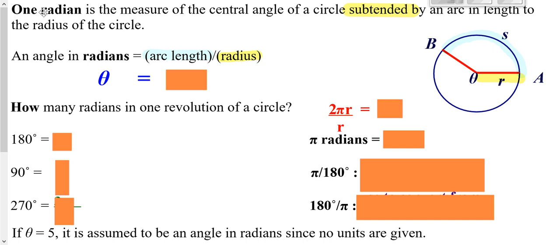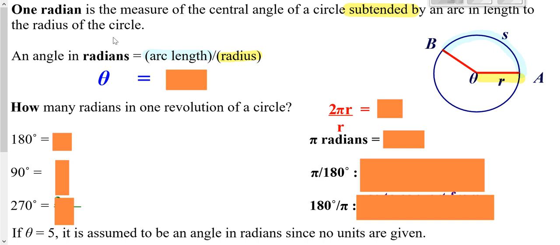So 1 radian, as we mentioned before, angles can be measured in radians, is defined by the central angle of a circle subtended by an arc length of the radius of the circle. Now, you're probably not used to seeing the word subtended, and you may not know what that means, but that's okay. Just know if you ever see the word subtended, you're referring to your definition of a radian.